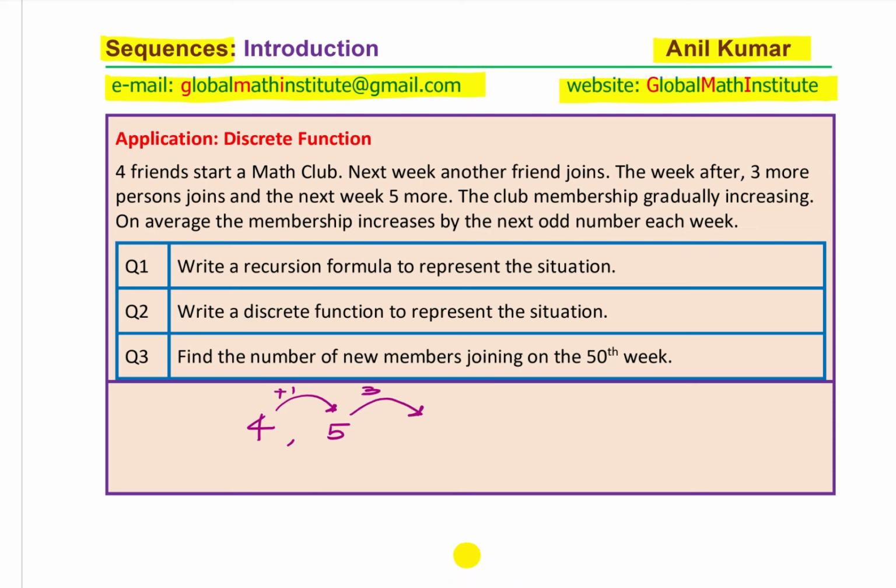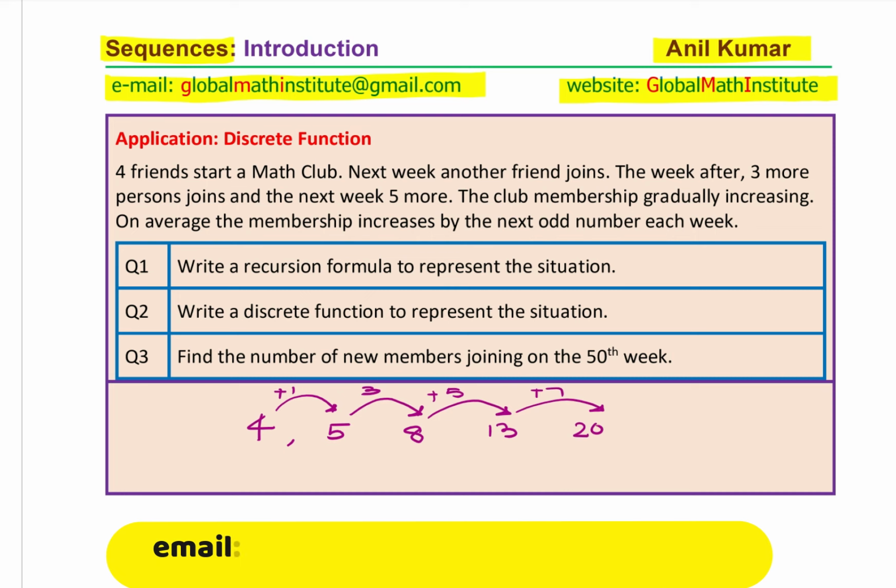So 5 plus 3 becomes 8, and then another odd number, plus 5, so it becomes 13 and so on. See how it is growing? Now we add 7 to make it 20 and so on. Perfect. So that is the pattern in this particular sequence which we are looking at.